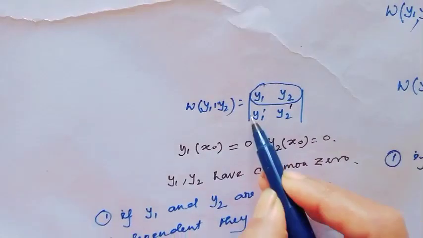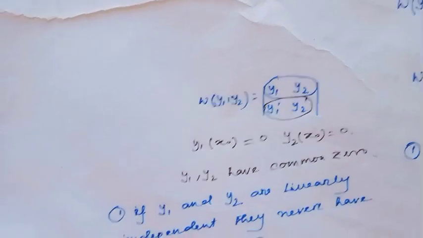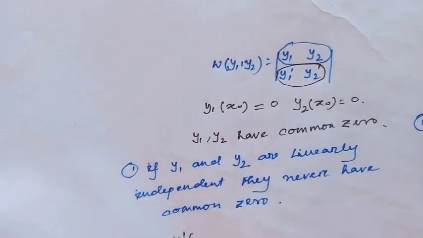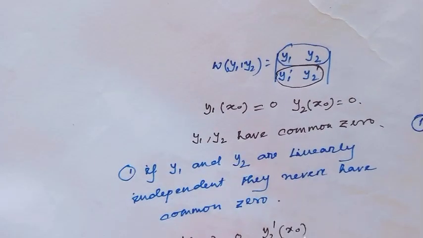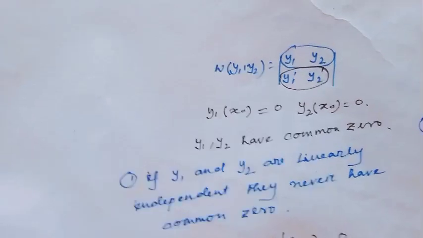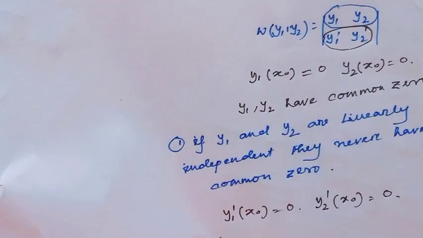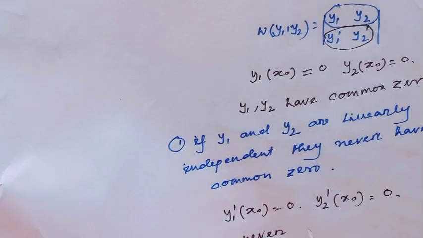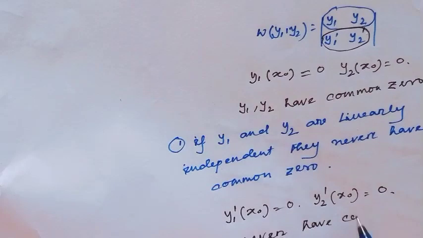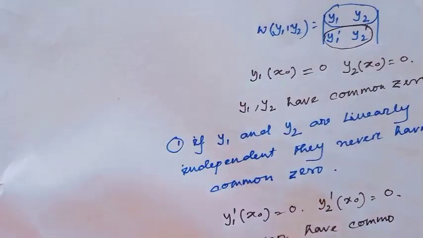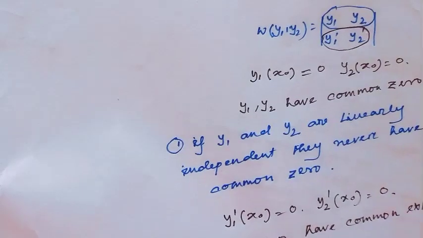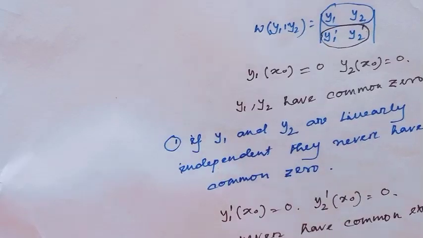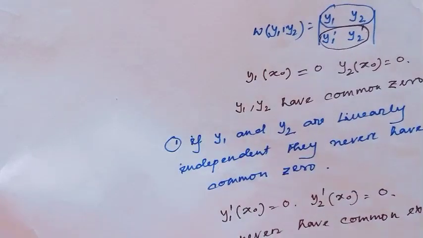Now, if we consider the second row equal to 0, that means y1 prime x naught equal to 0 and y2 prime x naught equal to 0. That means y1 and y2 never have a common extremum if y1, y2 are linearly independent.